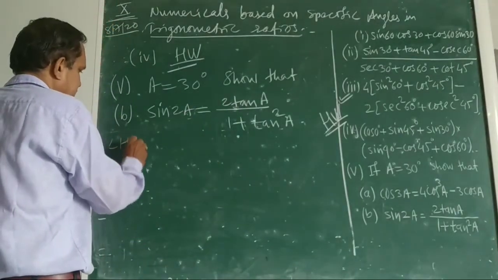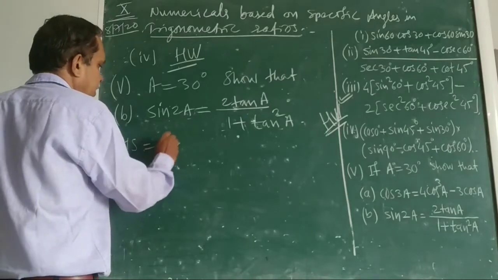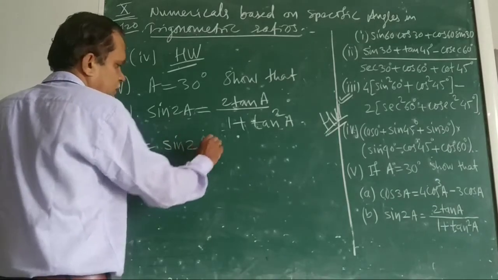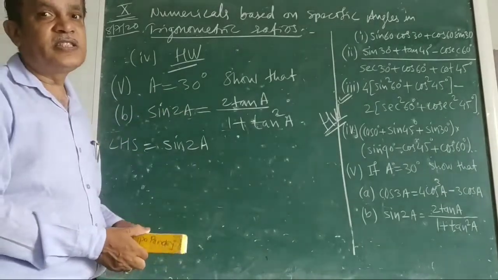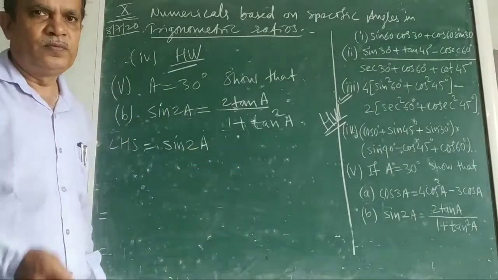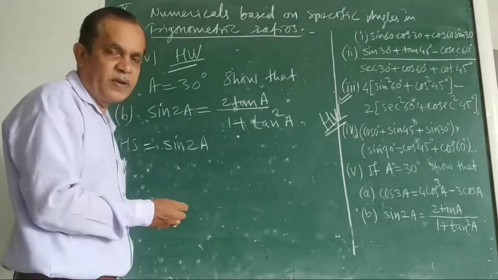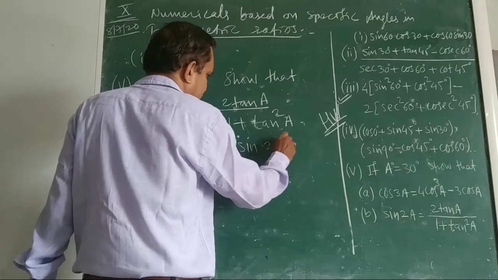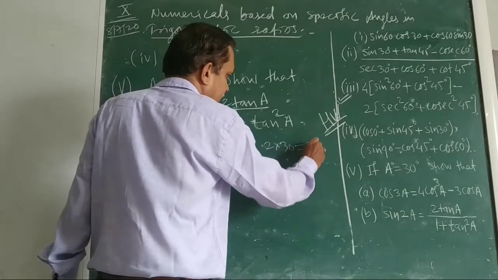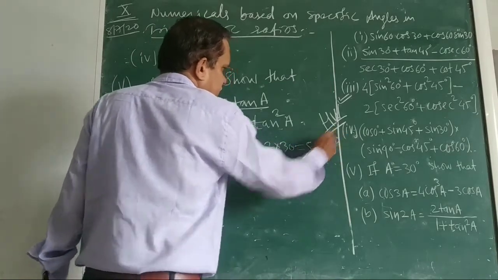LHS. What is LHS? Sin 2A. A is 30. So 2A is 60. Simply putting value. Very simple. Not very difficult. See, I am writing sin 2 multiplied by 30, that is equal to sin 60.